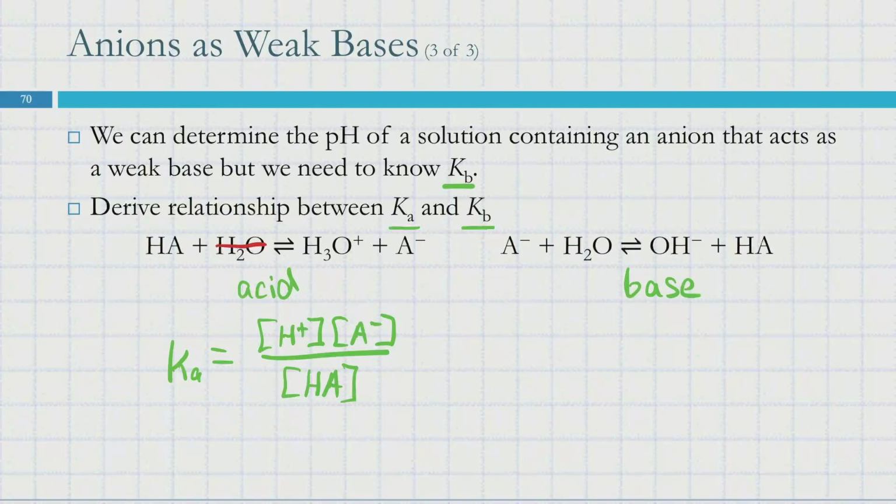We're omitting the water because it's a liquid, so we don't include it in our equilibrium expression. For our base, Kb equals concentration of hydroxide times the concentration of HA over the concentration of A minus.